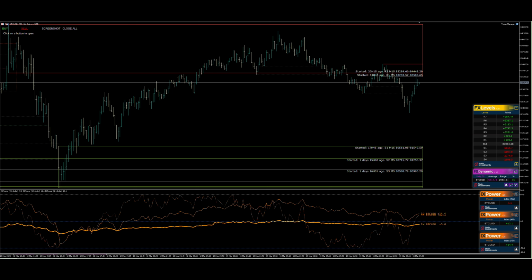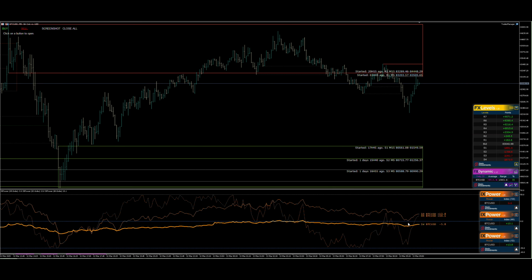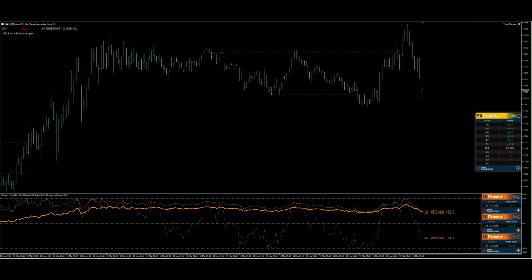There are plenty of support levels here, but there is still no clear direction, and that's what IX Power analyzed here as well. We can quickly move to the oil chart, which is a bit more clear because oil formed a new uptrend here during the past hours with some spikes to the downside, but this will probably offer a possible easy scalping entry later today.